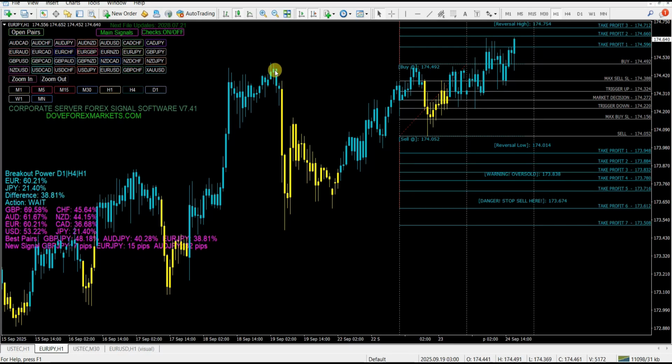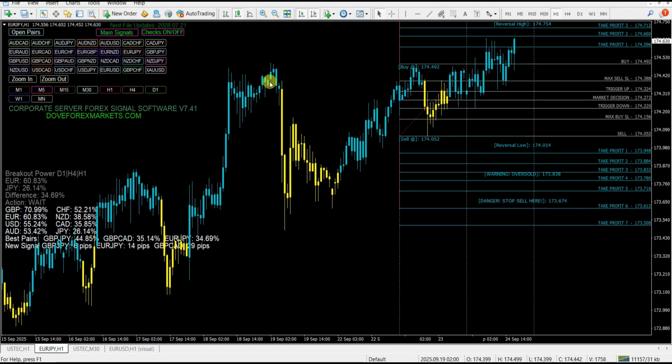From this point to that point, that means Euro is very strong and Japanese yen is getting weaker. From this point to this point, the base currency, the first listed currency, Euro, was losing strength. The price was going down. Euro was losing value. Japanese yen was gaining strength over Euro.